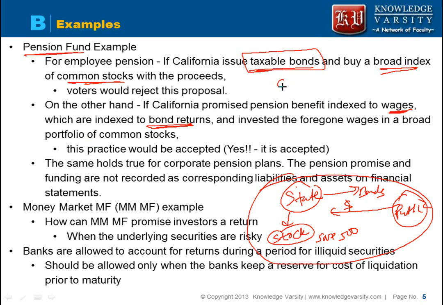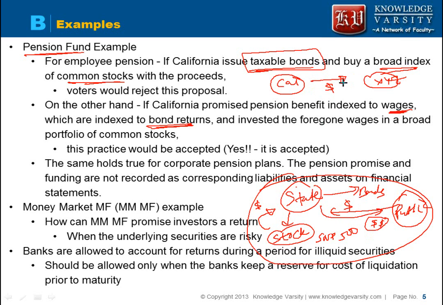So the California government will say that I will give you future payments to XYZ employees, which will be based on the bond return. Note that here also the state will take the return from the S&P 500 and pass on a coupon. So these coupons will be passed on to the public. Here California state takes money from the employee and promises to pay some money in the future.